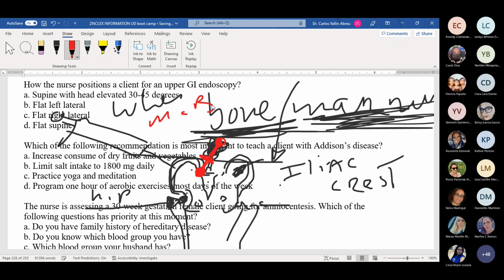You know what that is, the appendicitis point. This is an NCLEX question. And all this is the iliac crest. So touch it. It's very easy to touch.